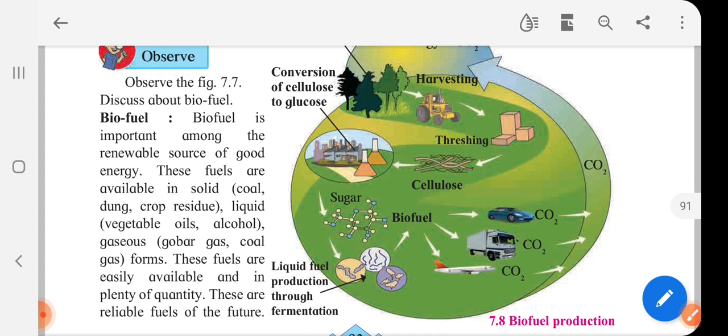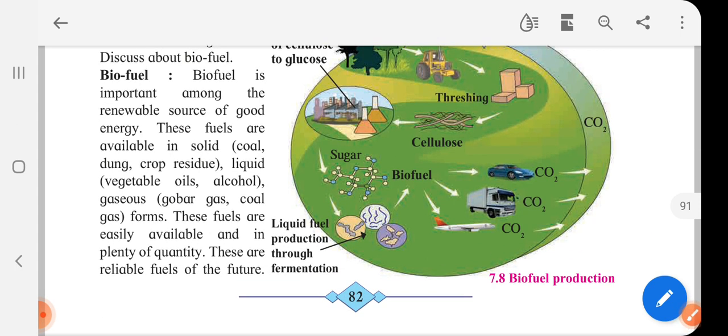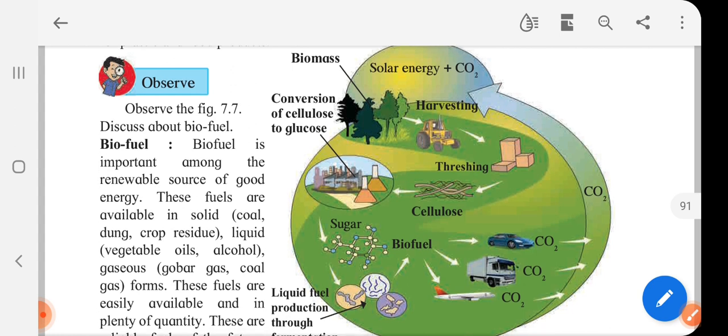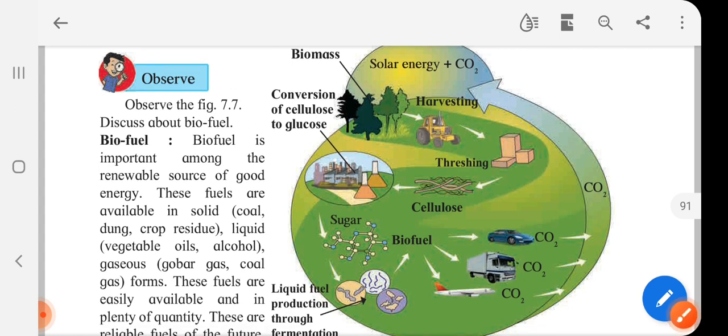Now if you can observe this biofuel production in our ecosystem, okay, you can see in this, we discuss about biofuel. So biofuel is important among the renewable source of good energy.